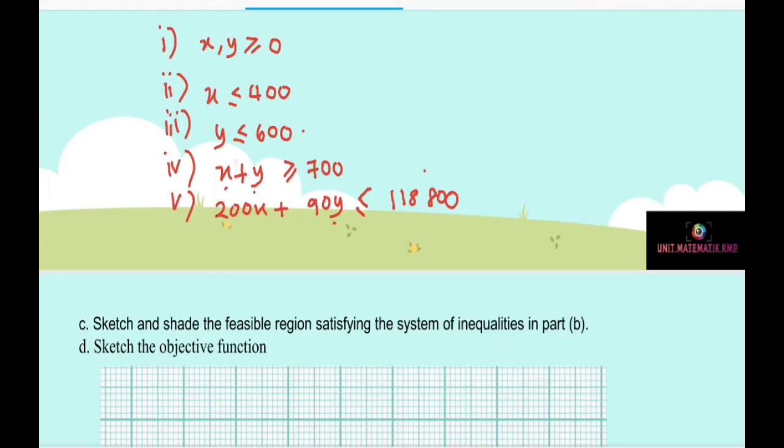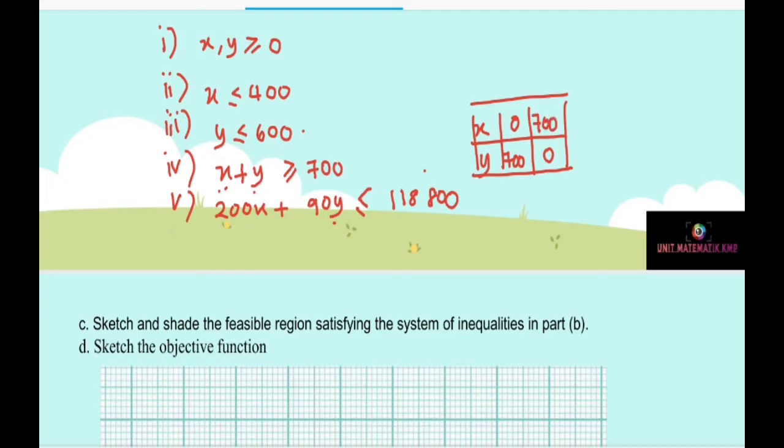For the fourth inequality, I use this box to substitute the values of x and y when x equals 0 and when y equals 0. So when x equals 0, you will get y equals 700, and when y equals 0, you will get x equals 700 as well.